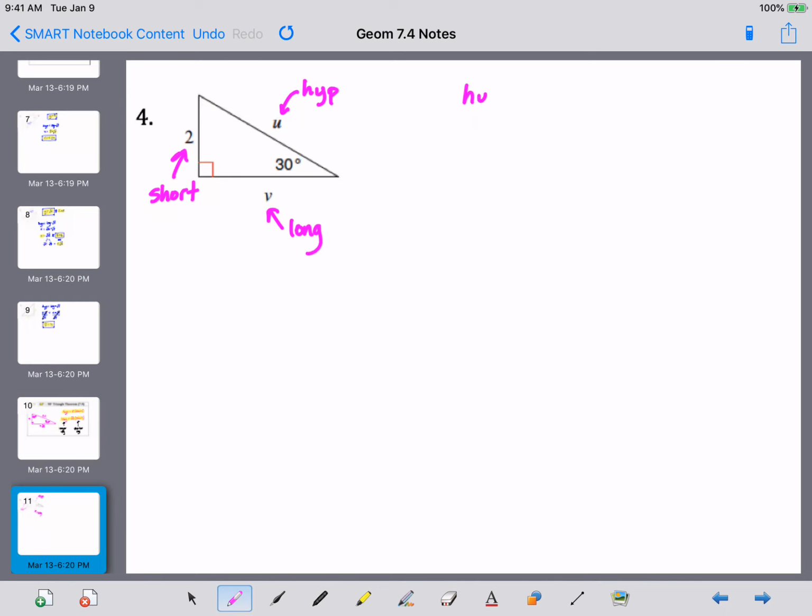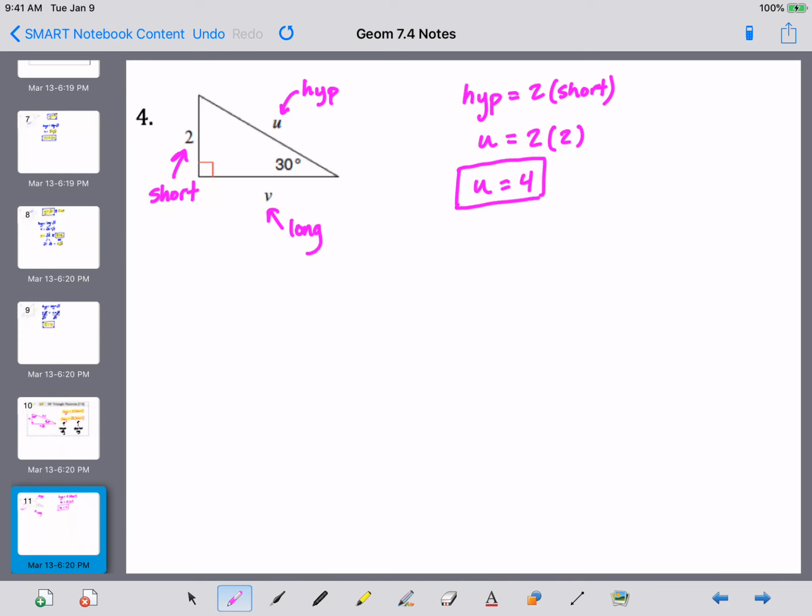So I'm just going to start with hypotenuse is equal to 2 times the short. All right, well, in this case, the hypotenuse is U, and that is equal to 2 times the short, which is 2, so U is 4.